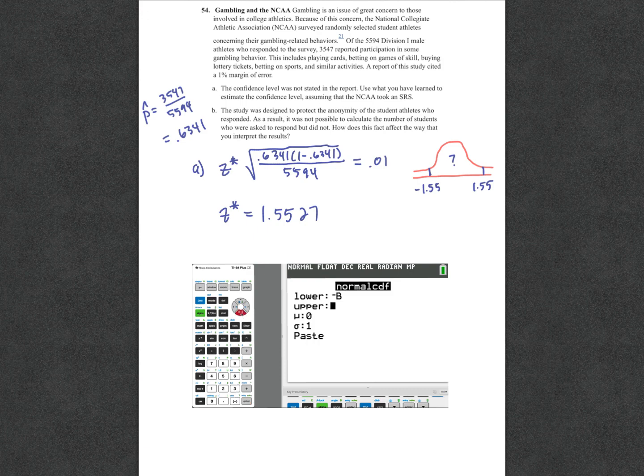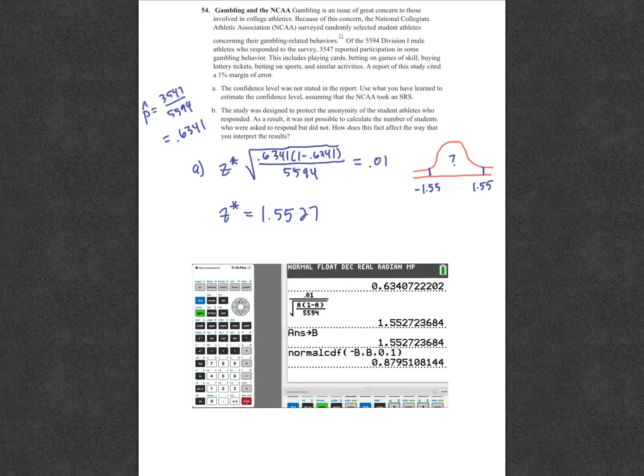Notice B is 1.5527, and negative B is the lower bound. This will give us the area in between these two z-scores. And remember, since these are z-scores, you have to use 0 and 1 for the mean and standard deviation. And then that's it.